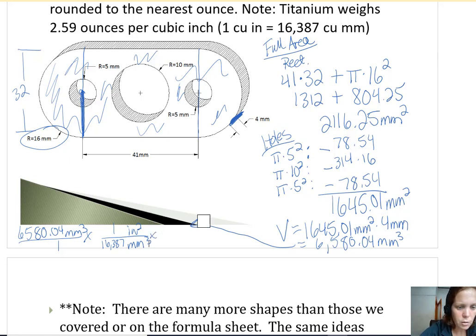And I'm going to go another step. I'm going to keep going to get to that weight. I'm going to do inches cubed to ounces: 2.59 ounces per 1 cubic inch. So take my 6,580.04 divided by 16,387 times 2.59, and I get 1.04 ounces.